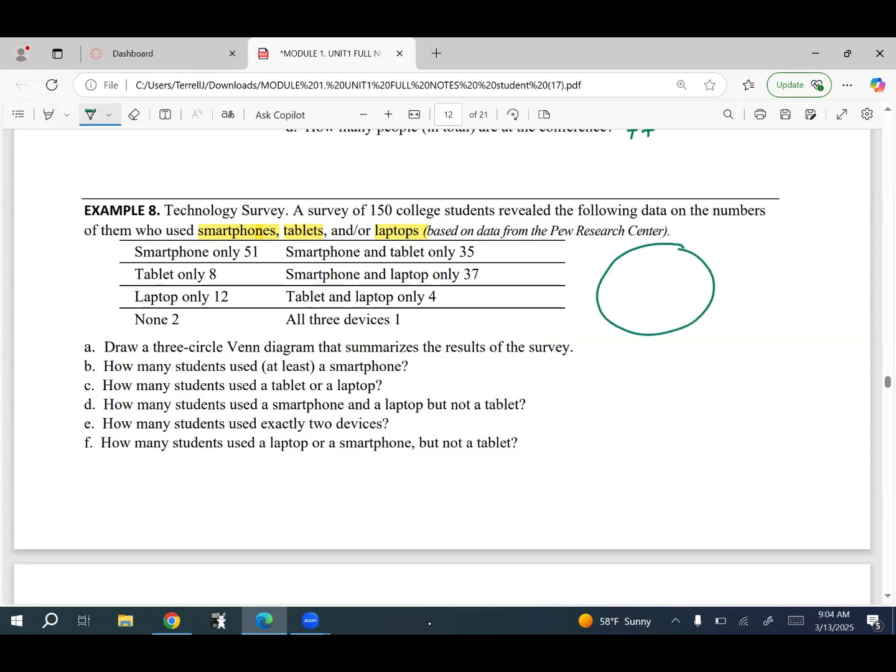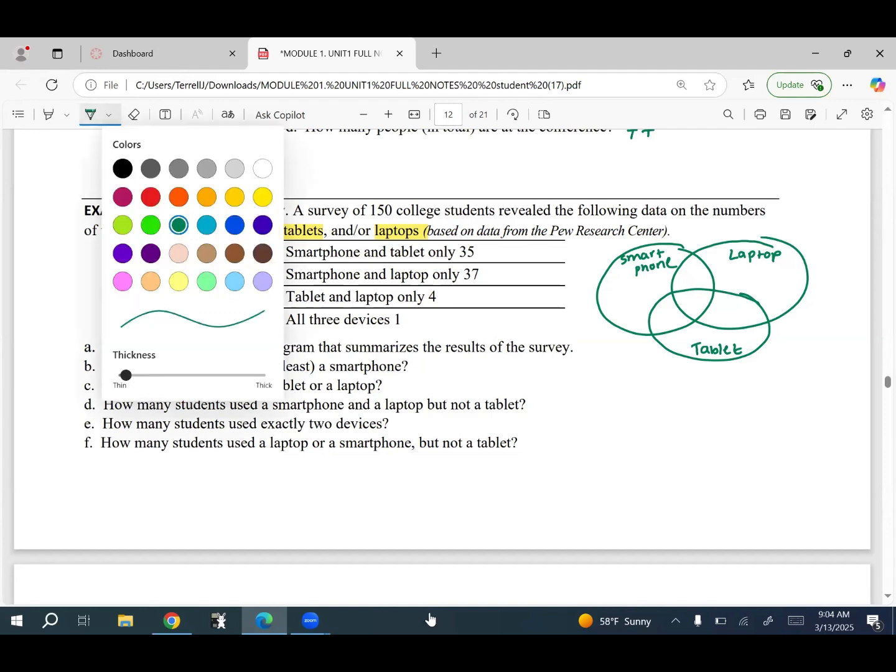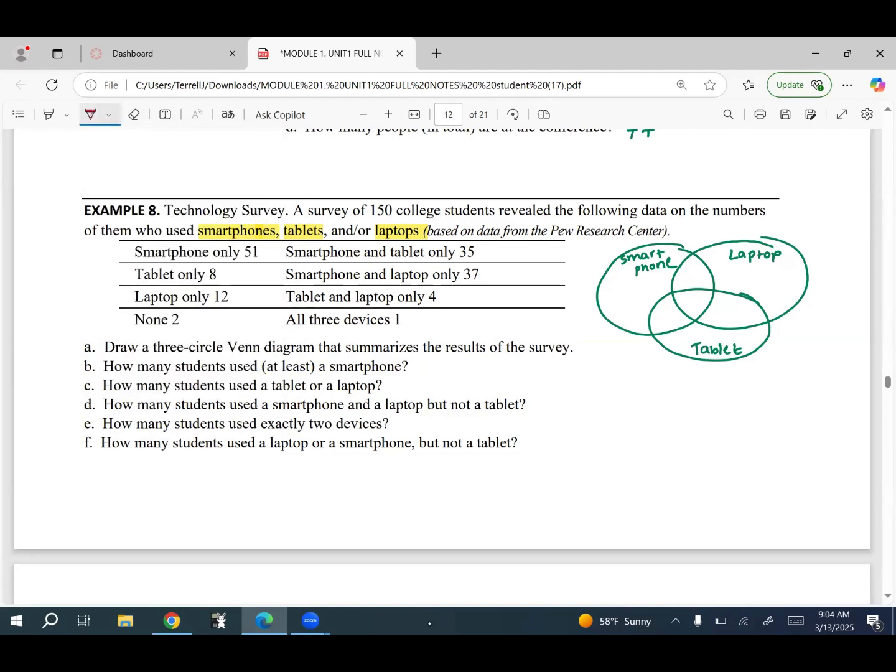We have, I'll call this smartphone, and then overlapping with that, we have a laptop, and then overlapping here, we have tablet. Okay. So I always like to start with the innermost middle piece, which is right here.